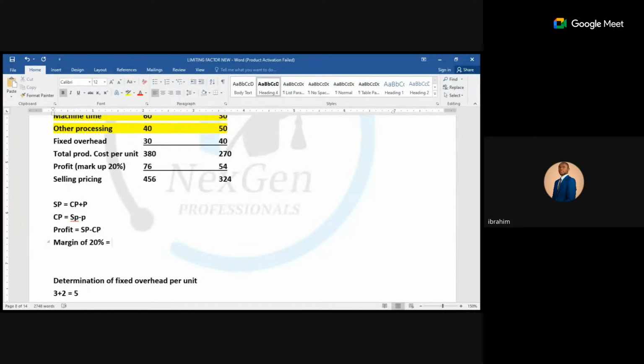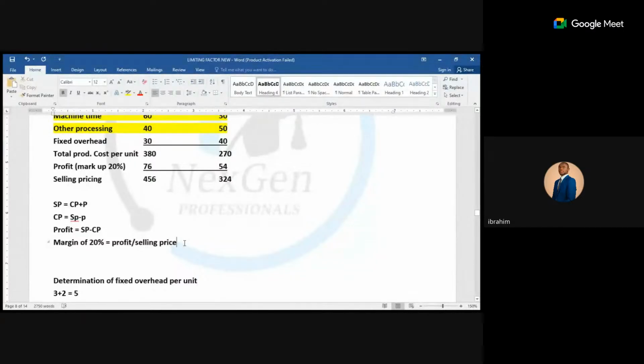Margin is usually profits divided by the selling price. When they give you the margin of 20%, you cannot apply it to the cost, because margin can only be applied on sales to get your profits.